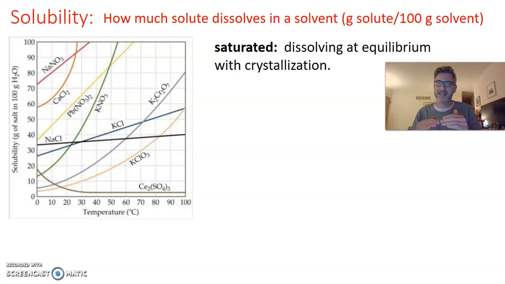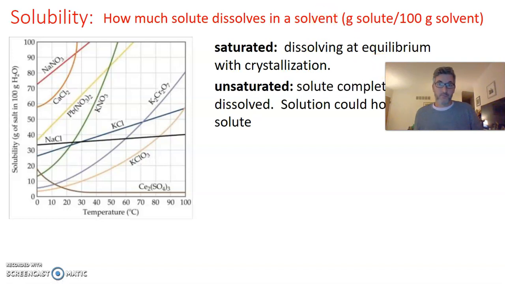So there will be some ions leaving the solid state and entering the aqueous state, and then some aqueous ions sort of randomly finding each other and reattaching and forming crystals. And so they'll be at equilibrium, which means you'll have some solid, usually sitting at the bottom of the glass.